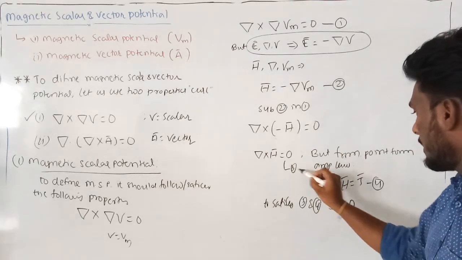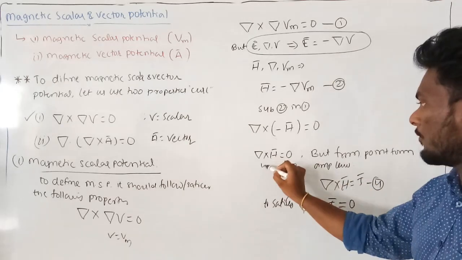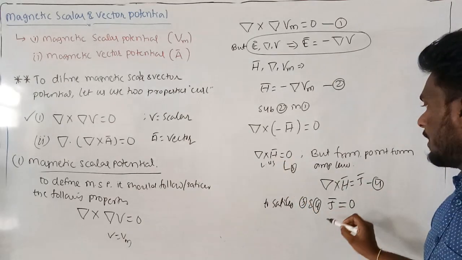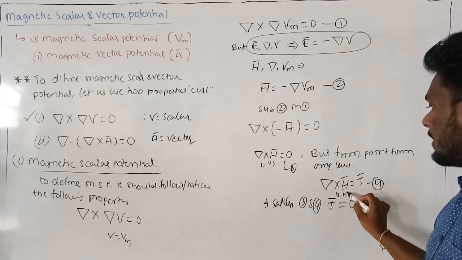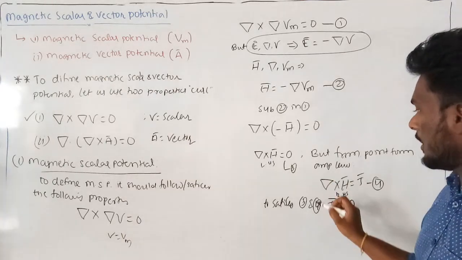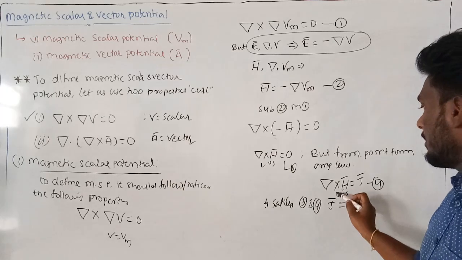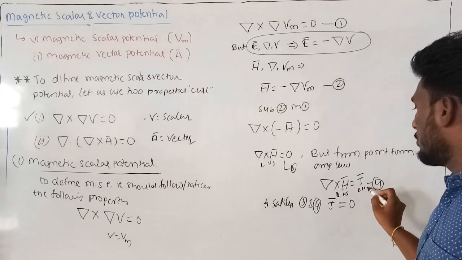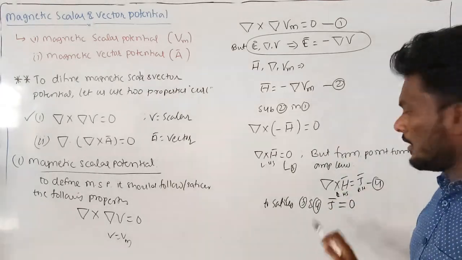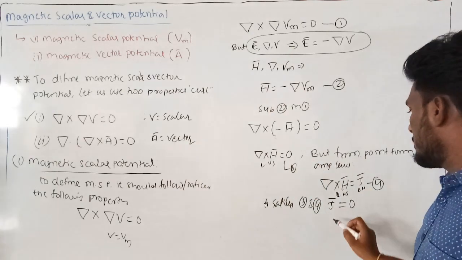That means the left-hand side in equation 3 and the right-hand side term in equation 4 are the same, so the right-hand terms should be the same. That means J bar should be equal to 0.